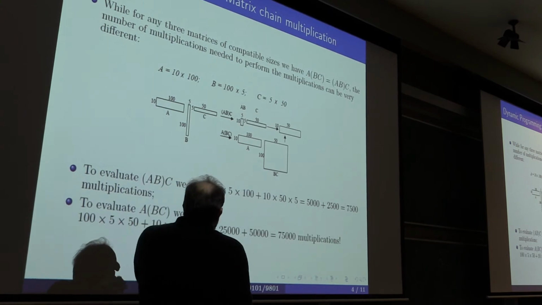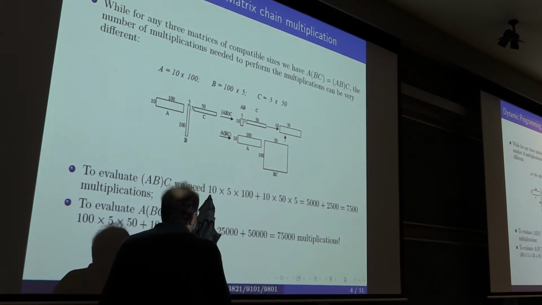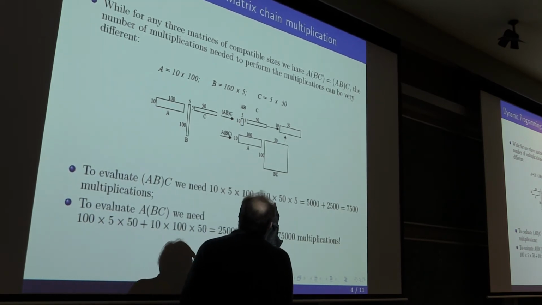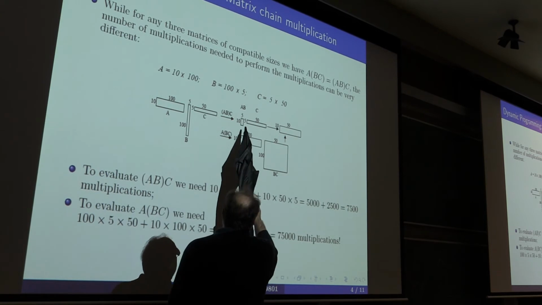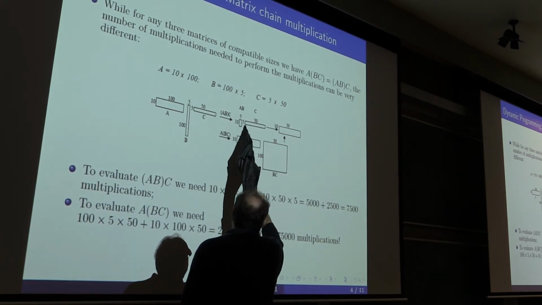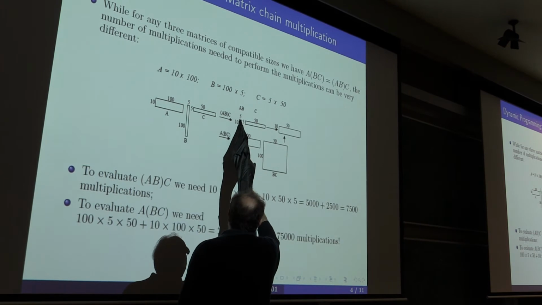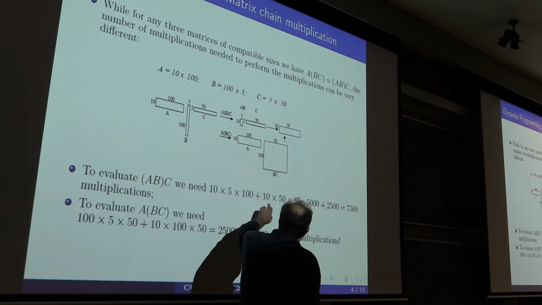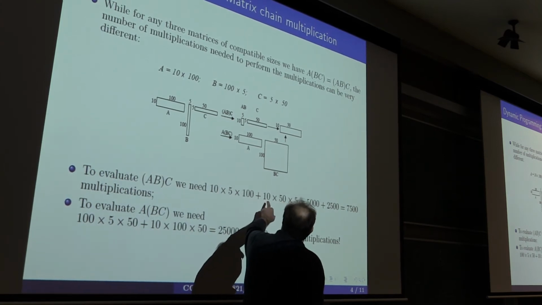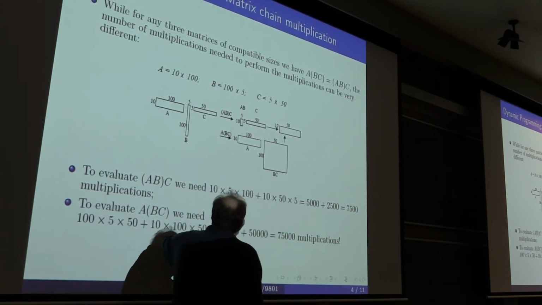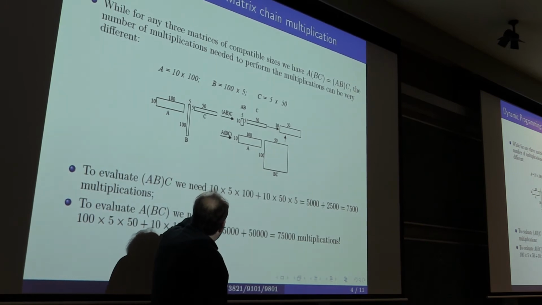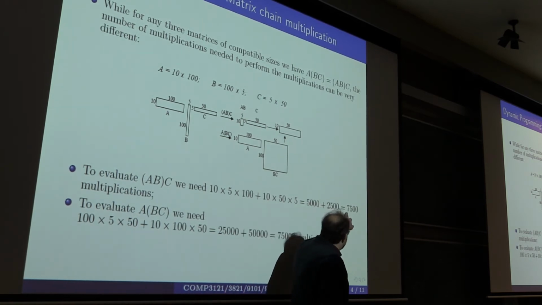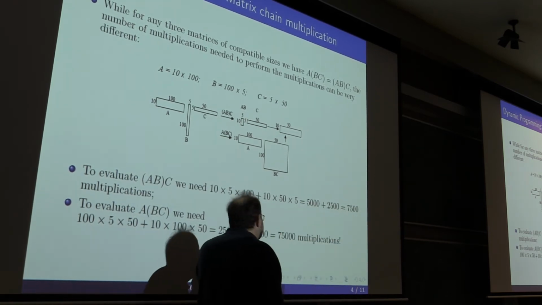So this factor is 10 times 5 times 100. And for the second multiplication, you have to multiply for each entry just 5 terms, because the width here is 5 and here the height is 5. So you have 5 multiplications, and the size is, of course, 10 times 50. So here we get 5,000 multiplications plus 2,500 is 7,500 multiplications.